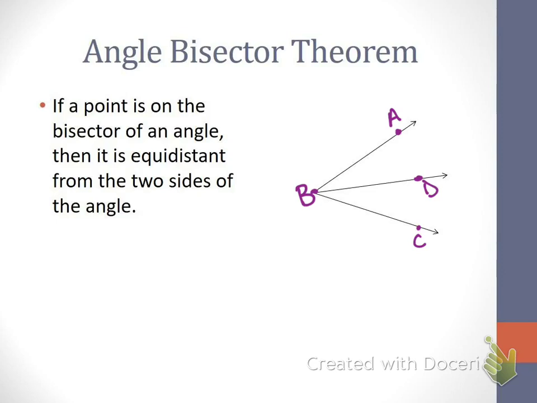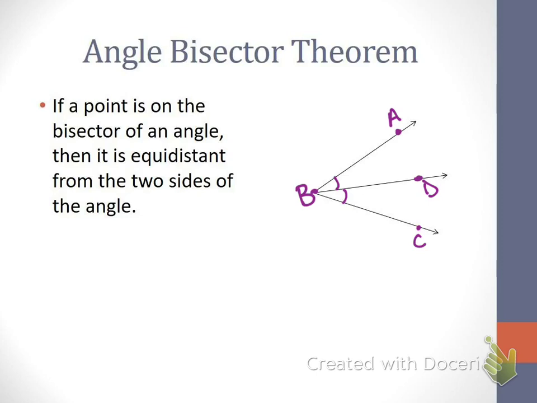So if BD, ray BD, is an angle bisector, which two angles are congruent? Let's try. One person who thinks they know, raise their hand since we're all saying letters at the same time. Sam. Good. ABD and CBD. If you were naming them in a different order, you might have still been correct if you're talking about these two little angles.